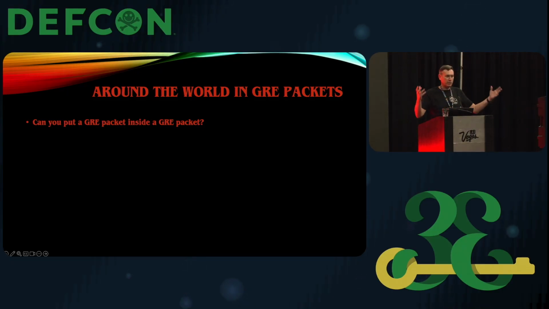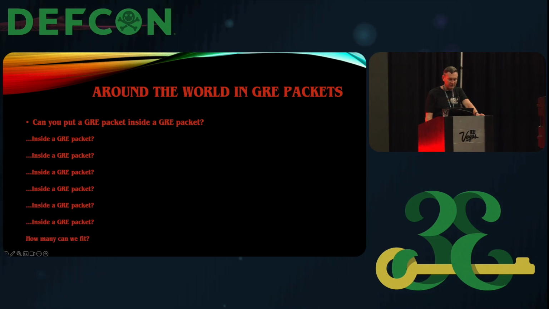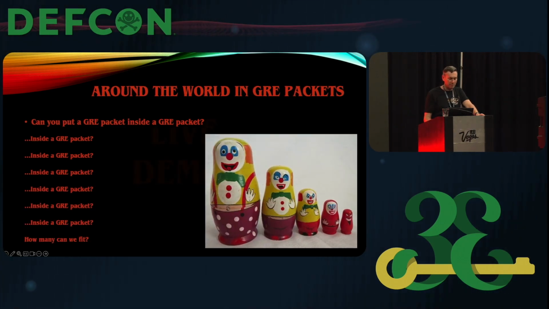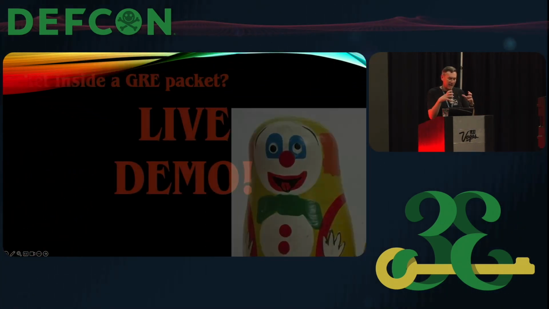And then I put it into another GRE packet around that. And then I put another GRE packet around that, and another one, and another one. And I was like, okay, well, how many of these can I do? So I was able to do 61 different encapsulations.